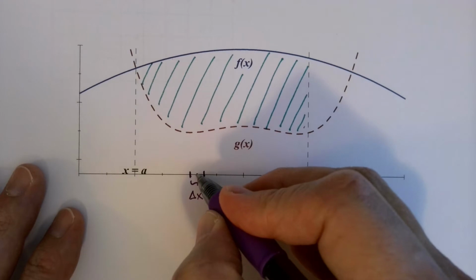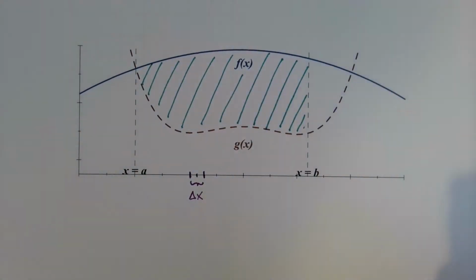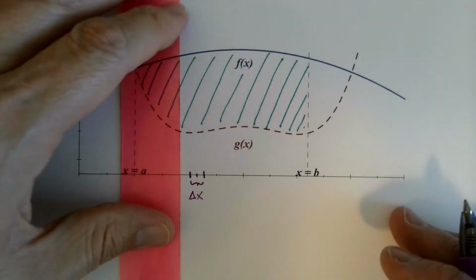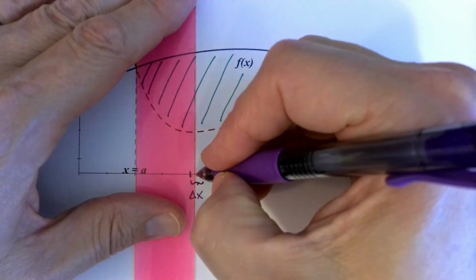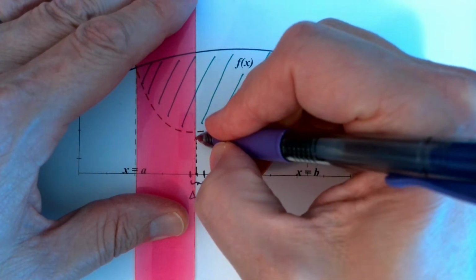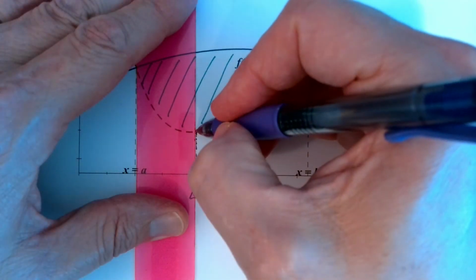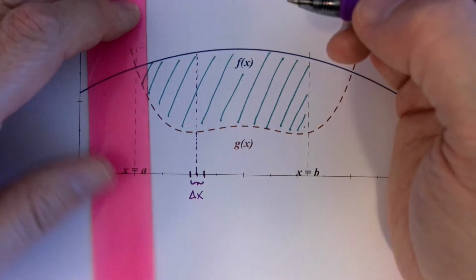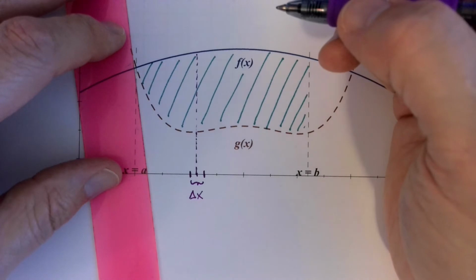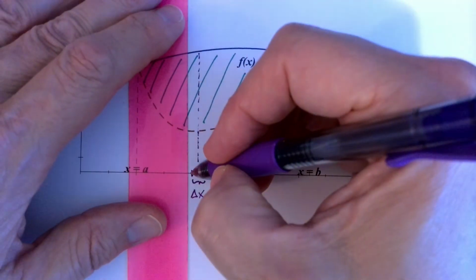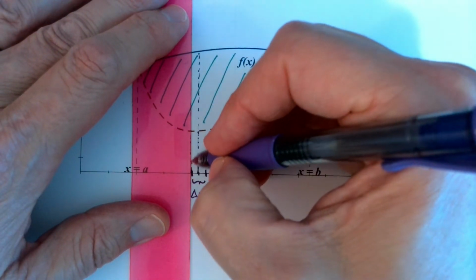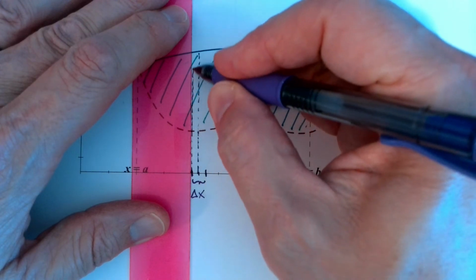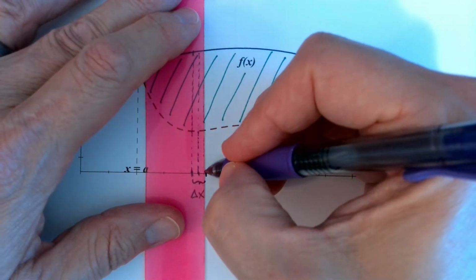There's some c sub i in here, and from that I can obtain the value of the bottom function g of x and the value of the top function f of x, and those values will give me the top and bottom of a rectangle. So let me show you that rectangle here.